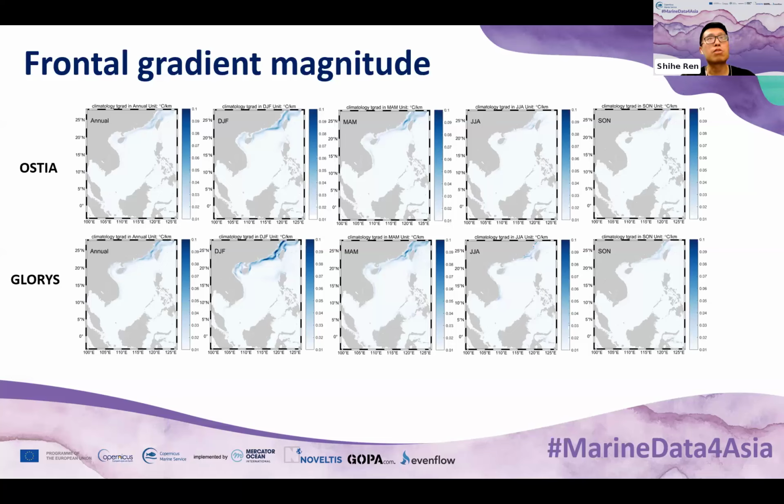Frontal activities in the South China Sea show very distinct seasonal cycles. In the winter, you can see in this line, the fronts reach their maximum intensity. During the spring, this line shows spring, it is a transition season, and front strength declines.